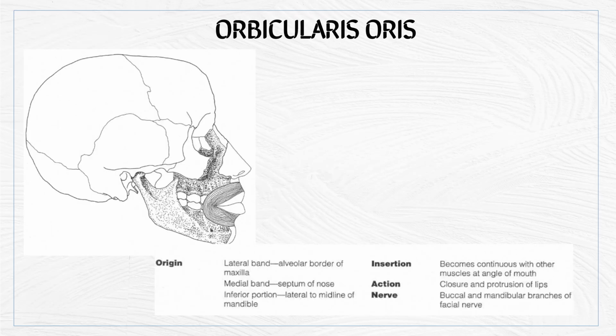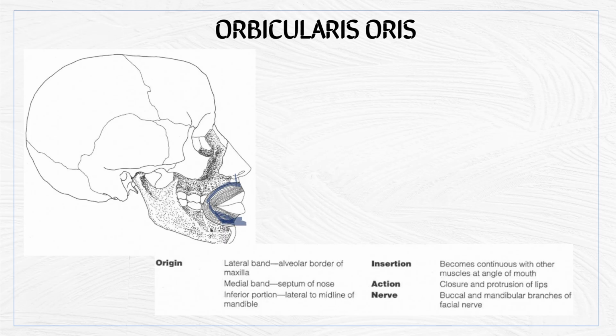Then orbicularis oris, the only muscle which surrounds the mouth. It has a lateral band which originates from the alveolar border of the maxilla, and a medial band which originates from the septum of the nose and the inferior portion lateral to the midline of the mandible.